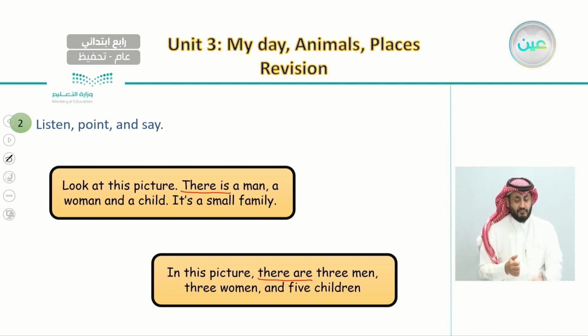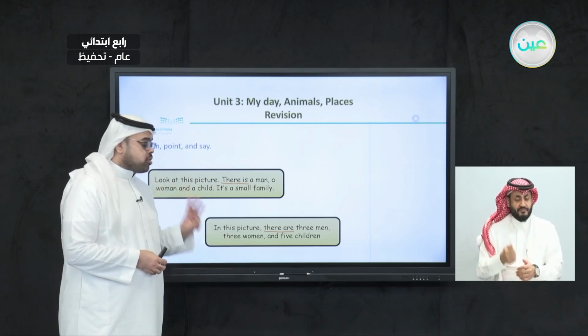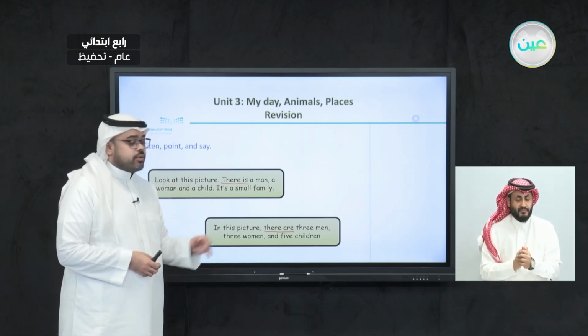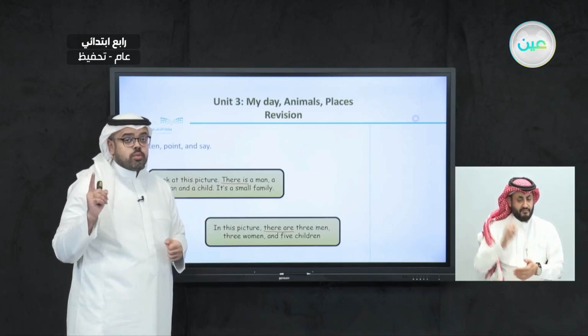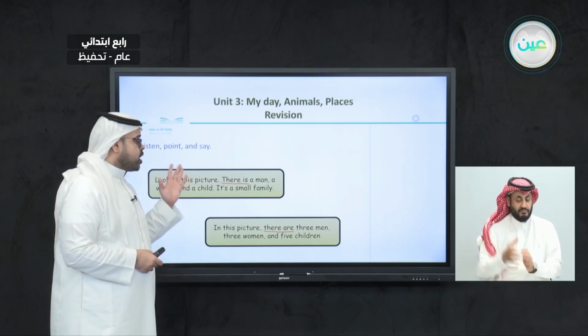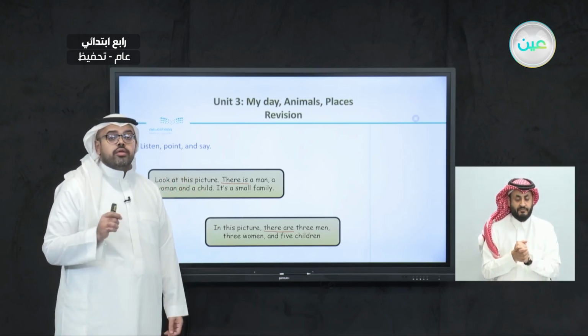In the second picture, as you can see in your books, you have 3 men, 3 women, and 5 children. For one person, we said there is. But if we have more, we say there are.